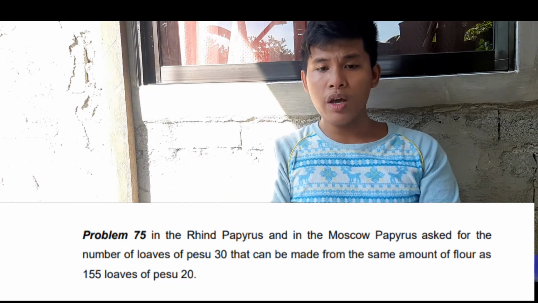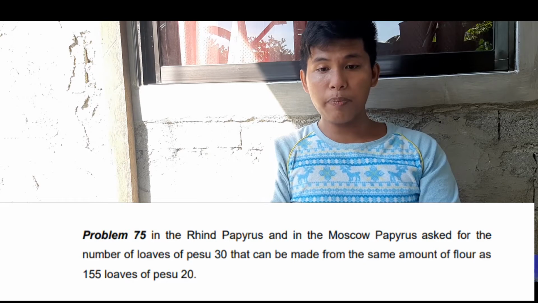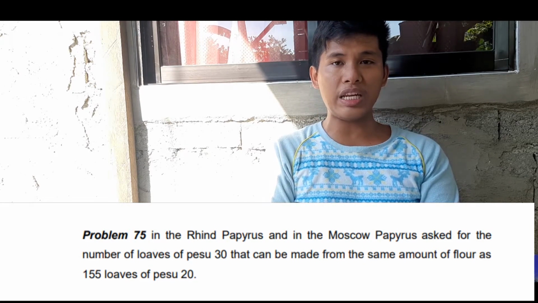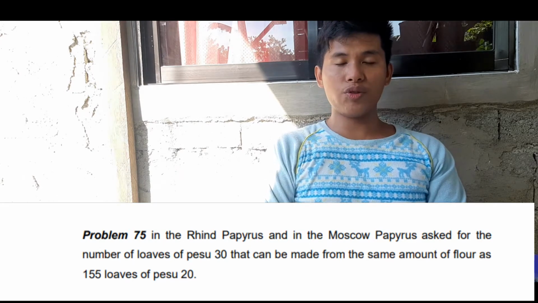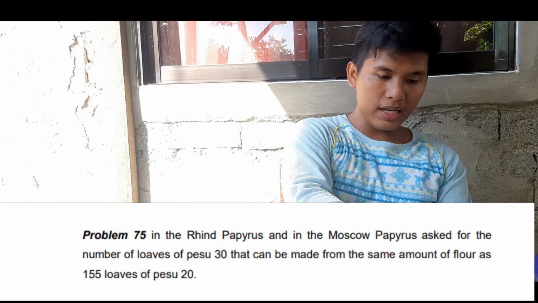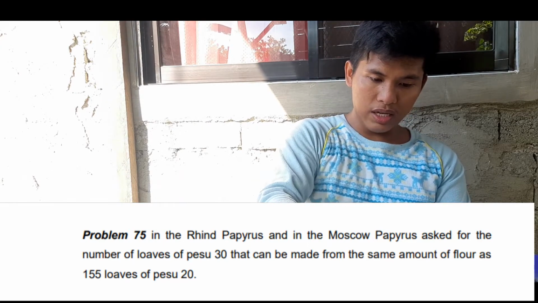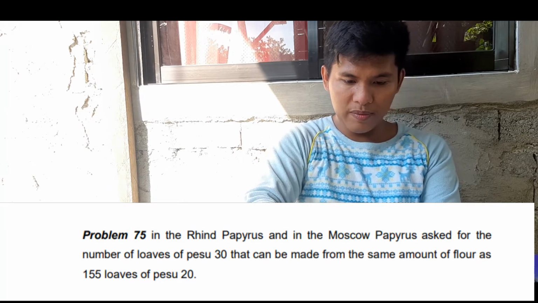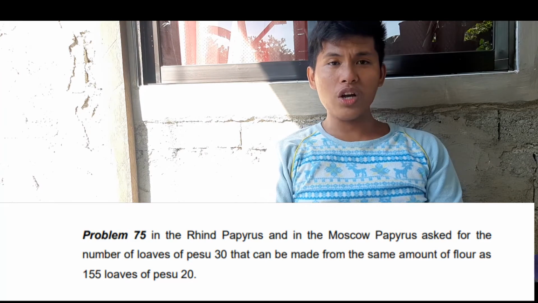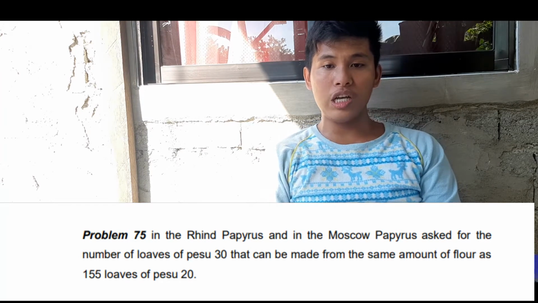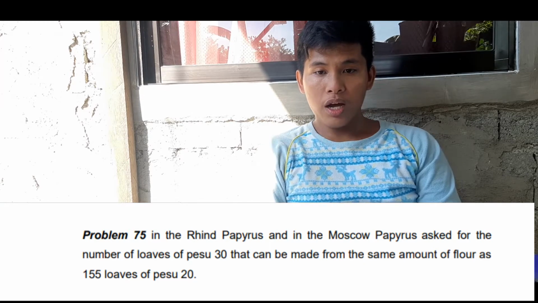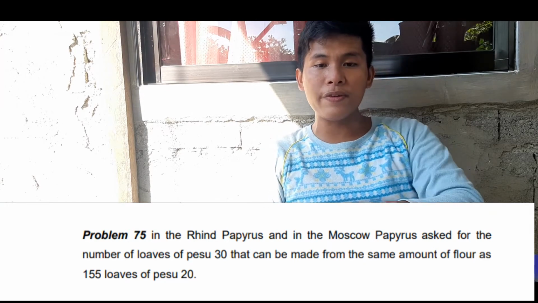So the problem was to solve the proportion x over 30 equals 155 over 20. In modern day, it would look like this: x over 30 is equal to 155 over 20. If we are going to derive this equation, first we reduce the fraction 155 over 20.